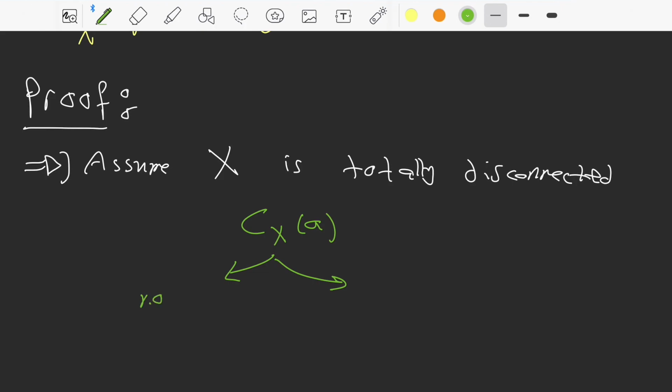First of all, it is non-empty. The reason why? Because A belongs to this one. Because it's the connected component containing A, so it's non-empty. And we know it is connected. And why it is connected, this is because of lemma number 1.